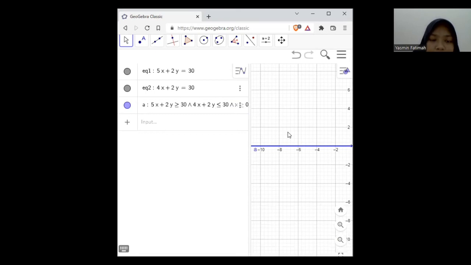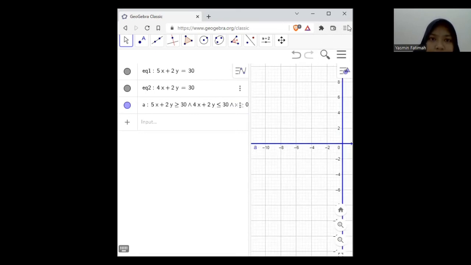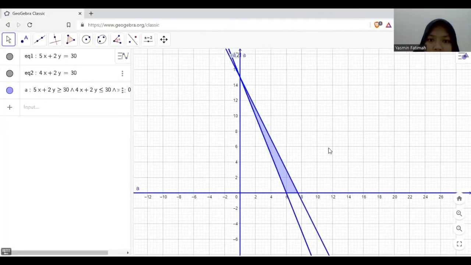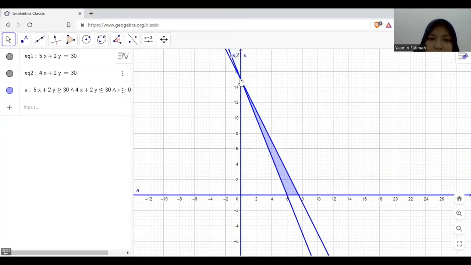And then we will have the feasible area here.